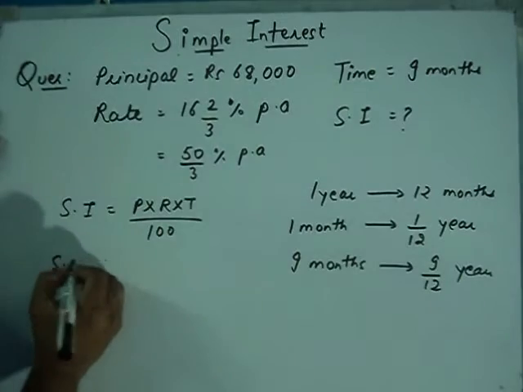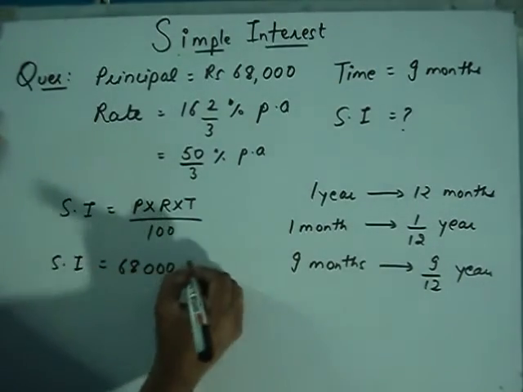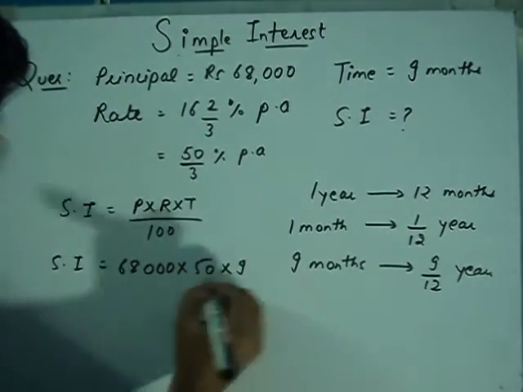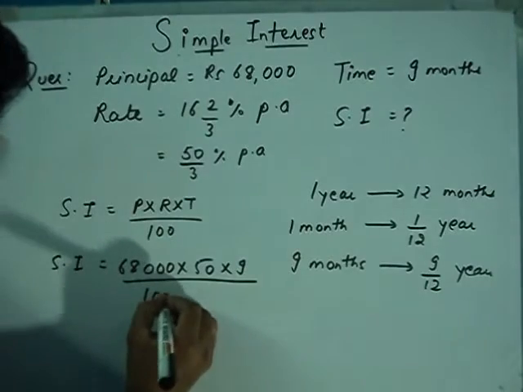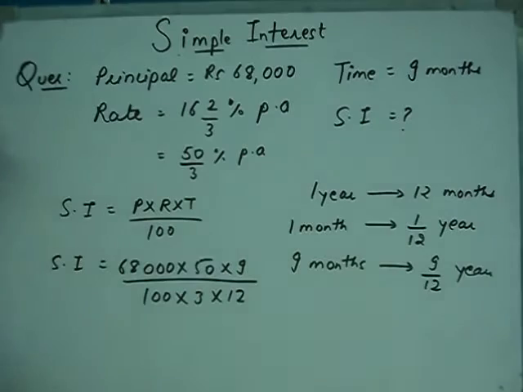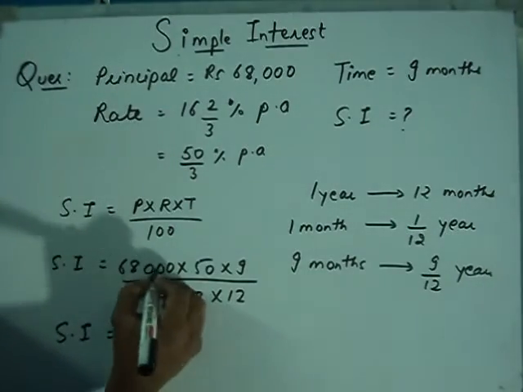The next step is to substitute the values. We get these values, and after solving, we get the simple interest.